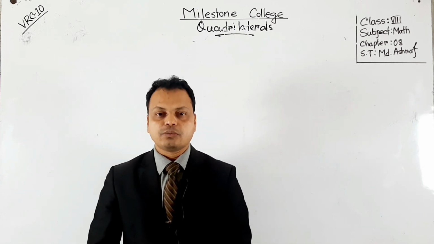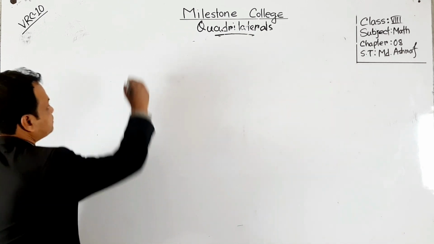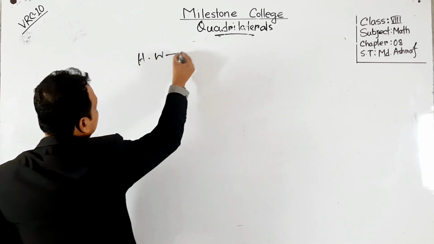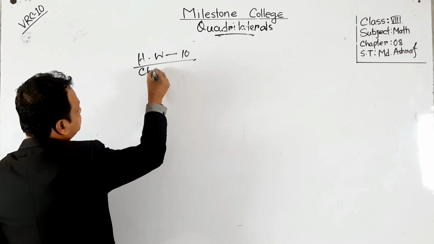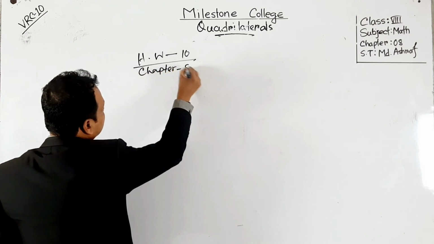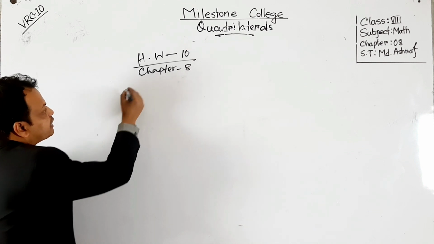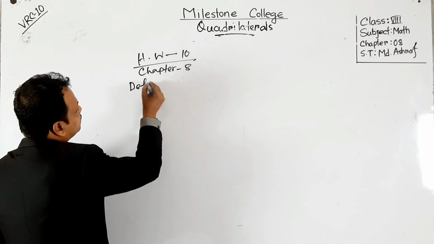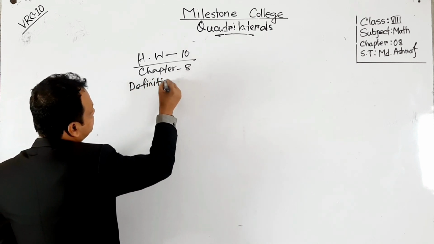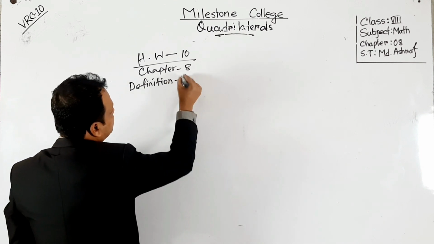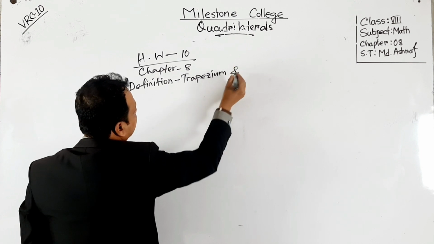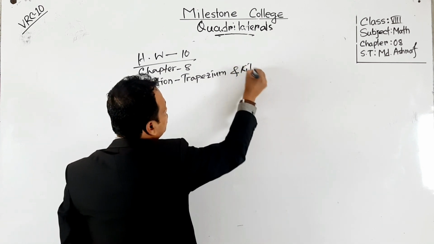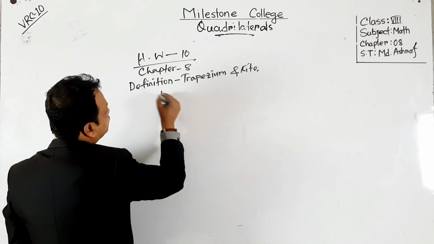Okay, now write the homework. Homework number 10, chapter 8. You have to learn the definitions of trapezium and kite with figure, and theorem 1.